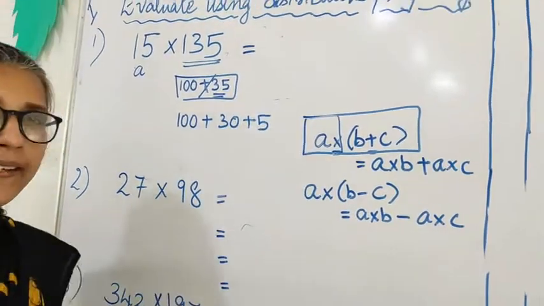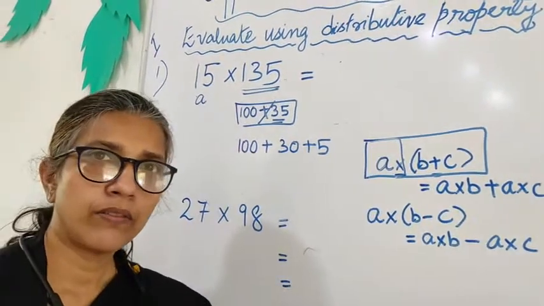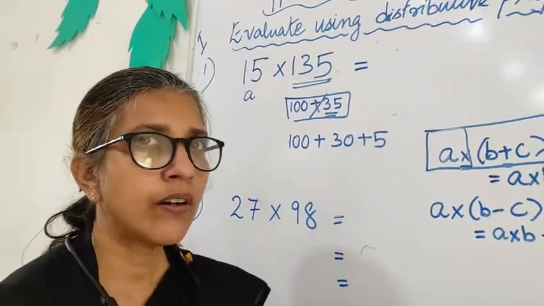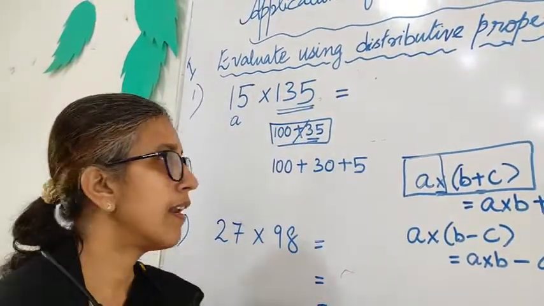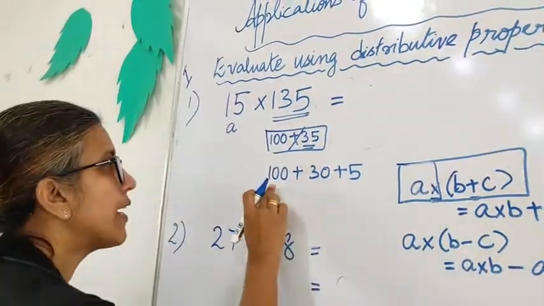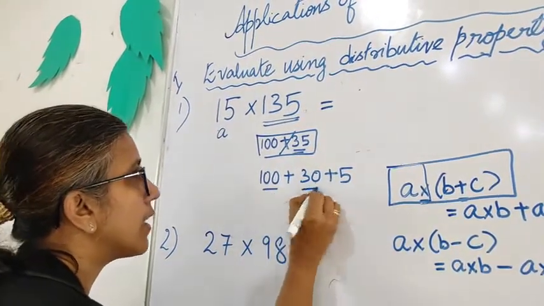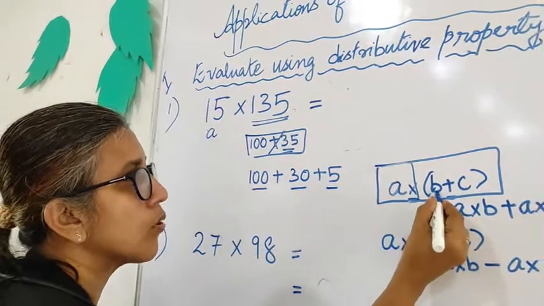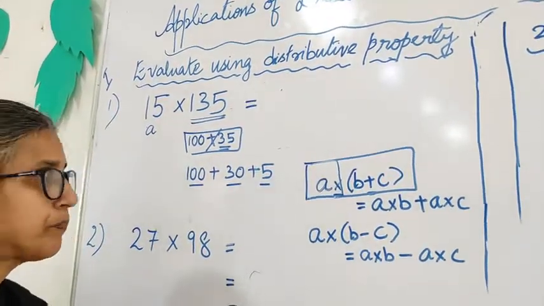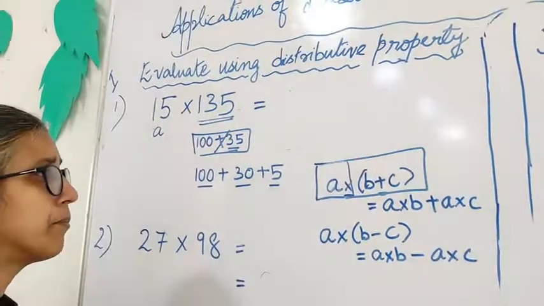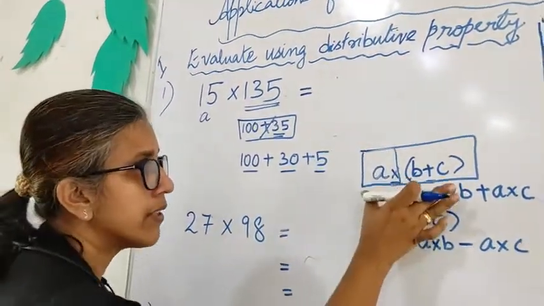We have studied this expanded form in class 5. Yes or no? Yes. A given number is expanded like this. So when I expand this, I will get 100, 30 and 5. But here it is only B and C. Two numbers are there. Here I have three numbers. So what will I do? I will use this distributive property.